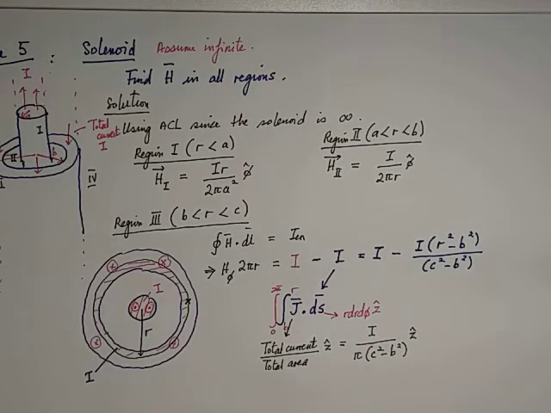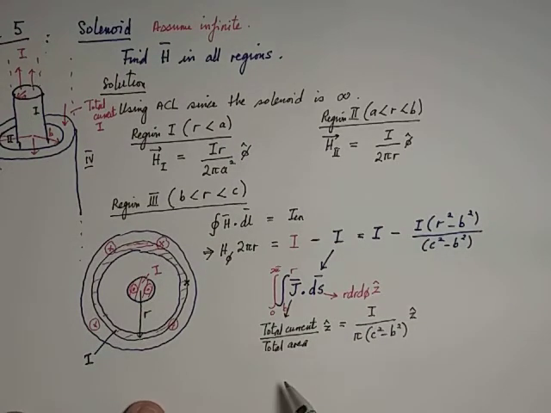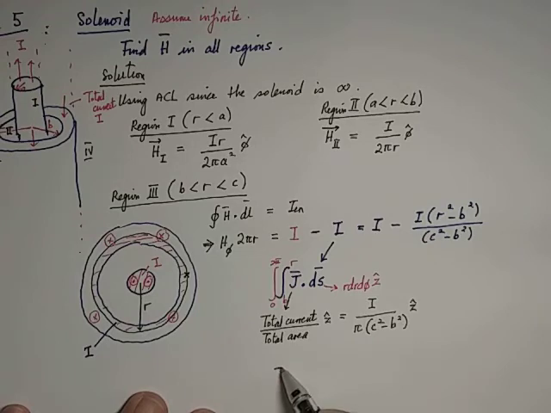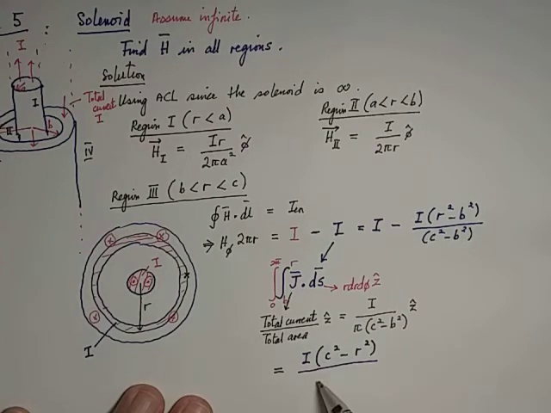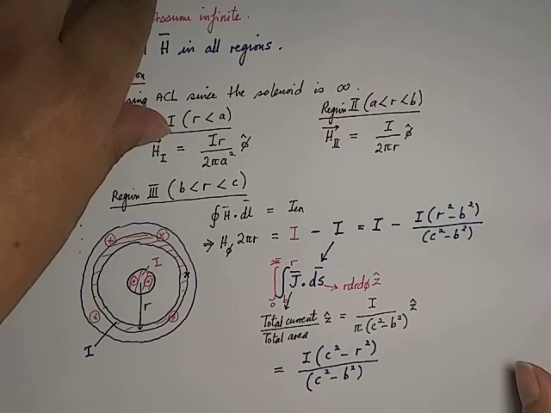Okay, so when you simplify the mathematics, what we're going to have here is equal to I. Okay, so now the B cancels, it should be C squared minus R squared, divided by C squared minus B squared. Okay, that should be after you simplify further. That should be the I enclosed now.